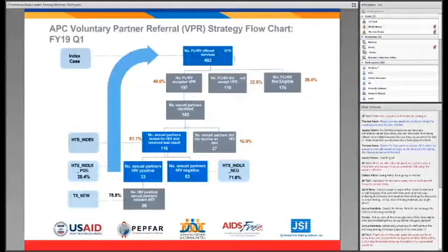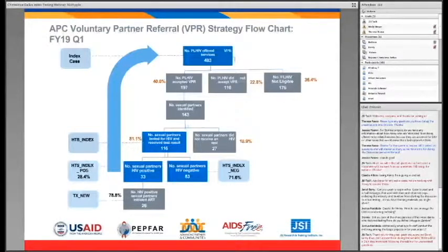So this clearly indicates the effectiveness of the VPR strategy, and is consistent with data indicating that HIV prevalence of sexual partners of people living with HIV is higher than prevalence in the general population.